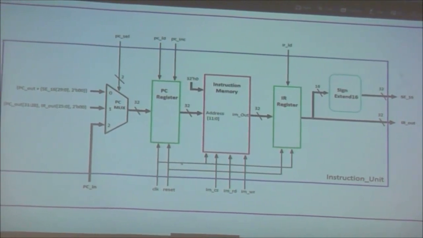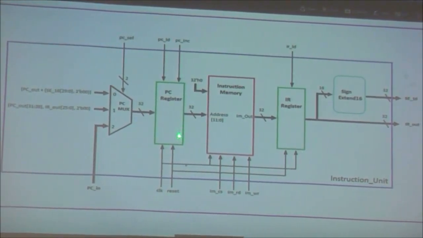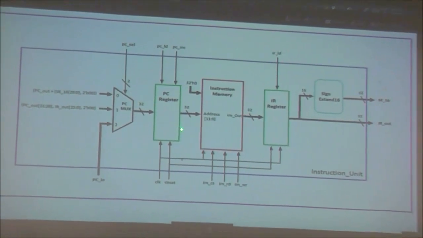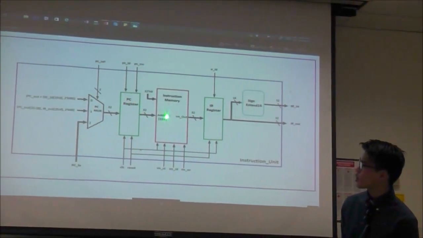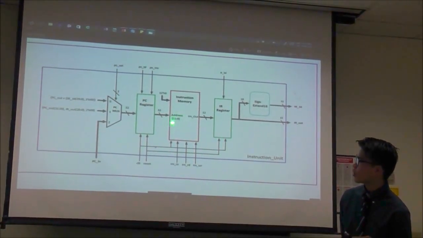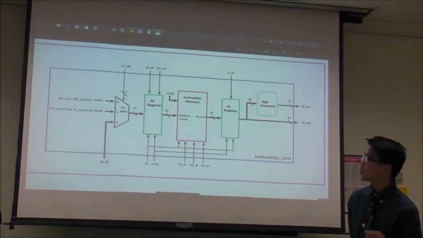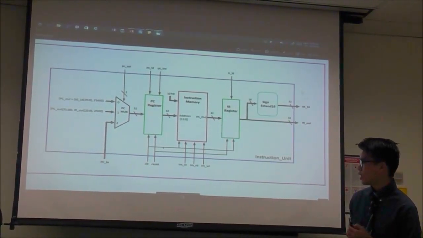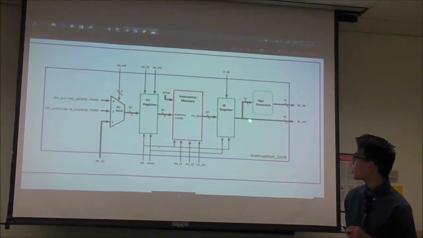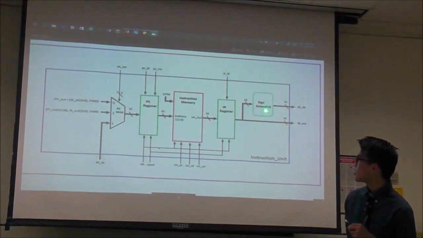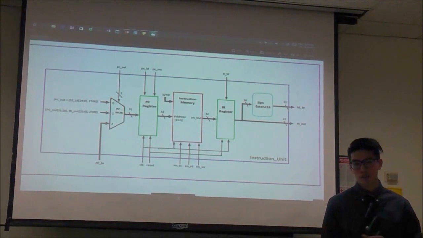So our PC mux goes to the PC register, and it goes to the instruction memory, and then it goes to the IR register, which outputs to the integer data path, and it also sign extends to the integer data path as well.